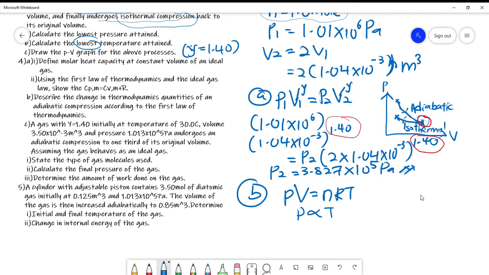So our pressure is 3.827 times 10 to the power 5.